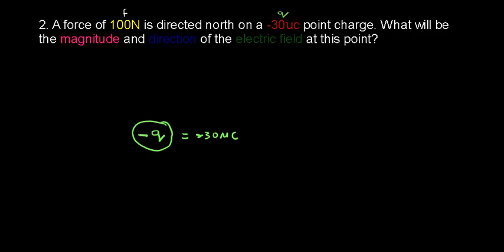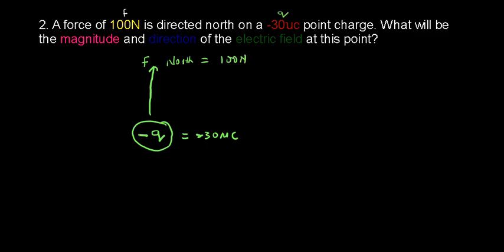Now, it says that a force of 100 Newton is directed north on it. That means this is north, and this is the force, directed towards north, and this force is 100 Newton.